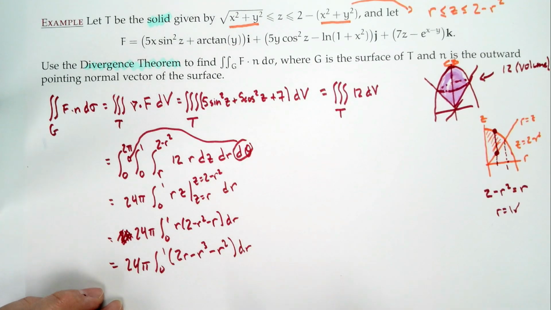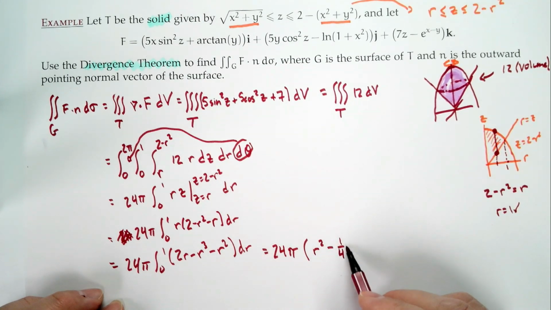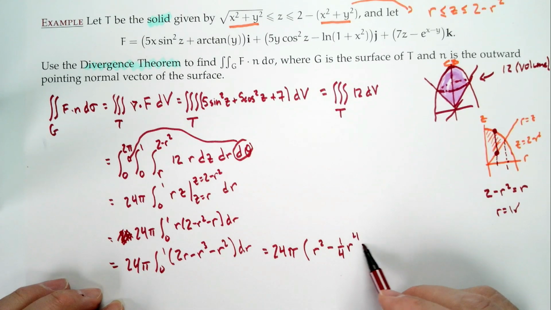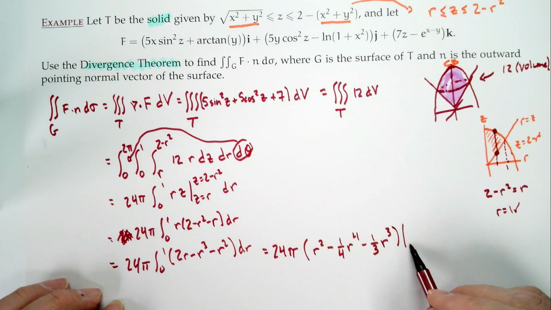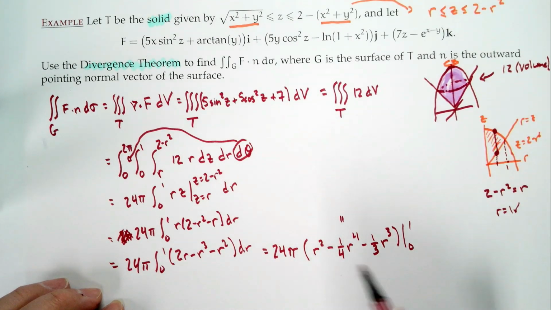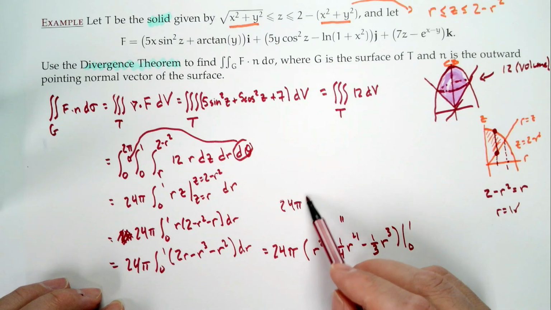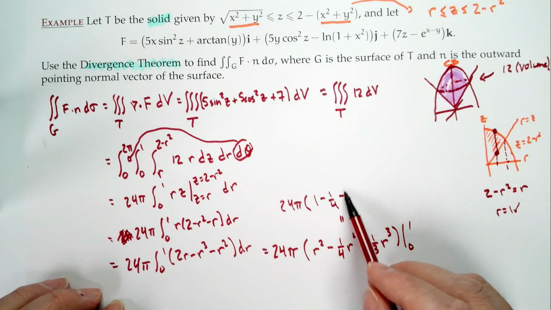All right, well, let's work this out. That would be 24π, and then when we integrate term by term, r squared minus 1/4 r to the 4th minus 1/3 r cubed, and then evaluate from 0 to 1. The nice thing is, you plug in 0, you get 0. Plug in 1, what do you get? Well, 24π out in front, 1 minus 1/4 minus 1/3.